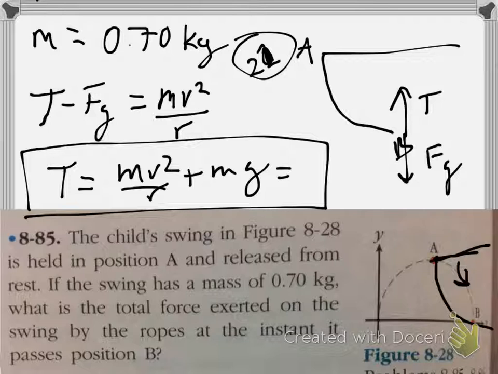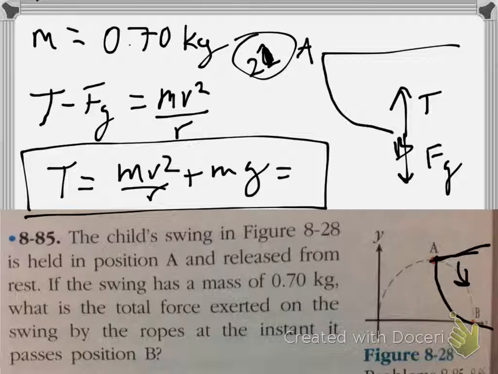I think in the book there was some equation where v squared equals gr, so when you plug it in, you eliminate r. Oh, v squared is gr. That's for minimum vertical velocity, like if you're up at the top.